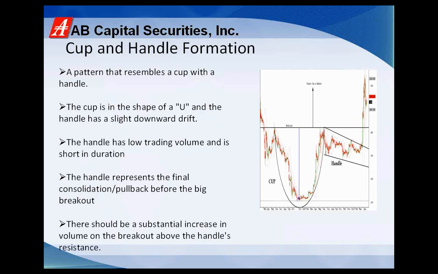Unlike the rounding bottom, when this would be a failed breakout, the correction would normally be deeper because there's no consolidation support area similar to the handle that the cup and handle has.